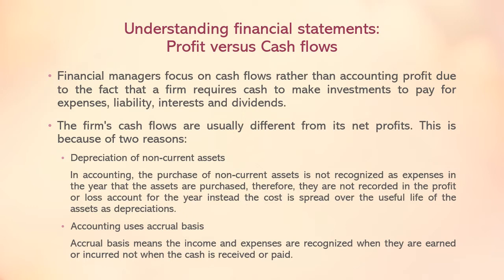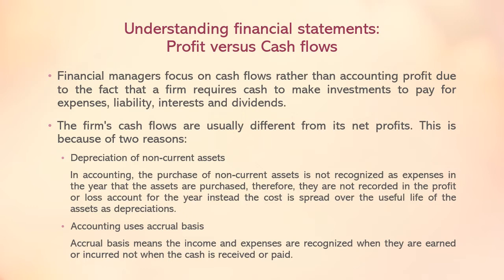So in accounting, the purchase of non-current assets is not recognized as an expense in the year that the assets are purchased. Instead, they are recorded as assets in which the cost is spread over the useful lives of the assets as depreciation, meaning that we do not incur the expense of buying the asset in one whole year.